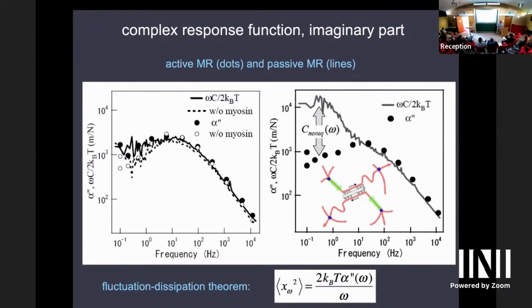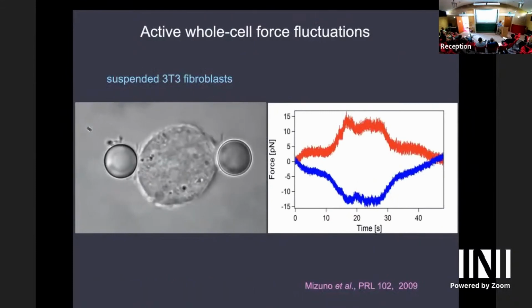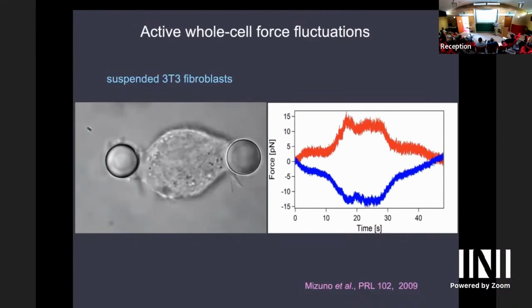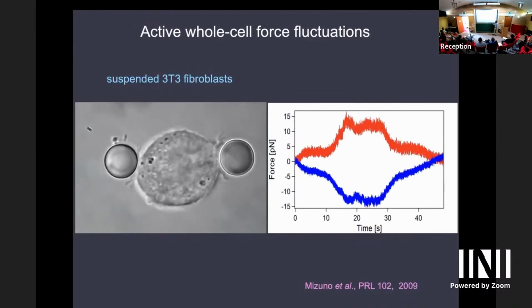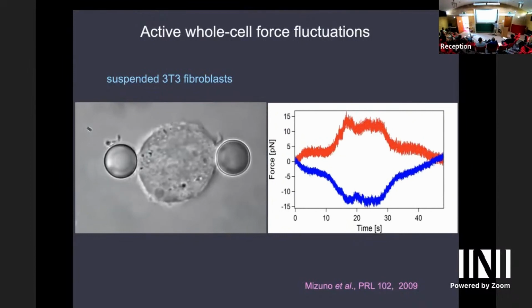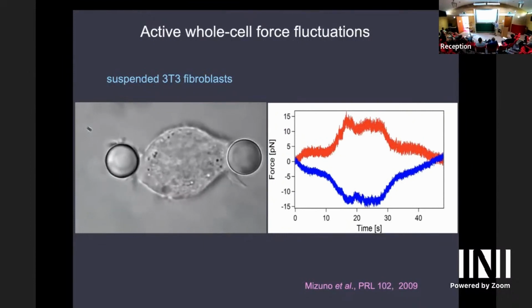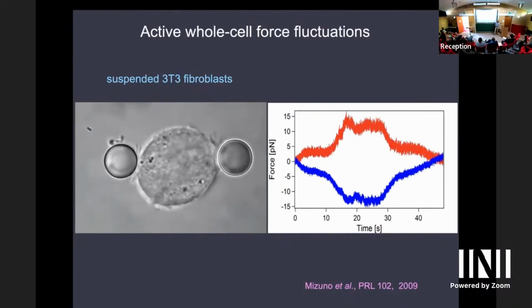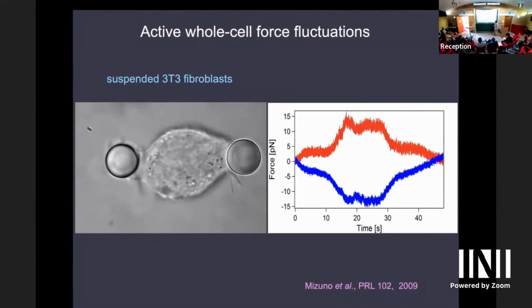I'm not going to go into much detail about the rest of this paper, but I'll show you in a moment something relevant for that discussion we had about the slopes of that active part. But I'm going to show that in the context of data that we took with cells, because the first experiment I showed you was an in vitro system with in vitro produced actin filaments and isolated myosins, and they were just put together in the sample chamber.